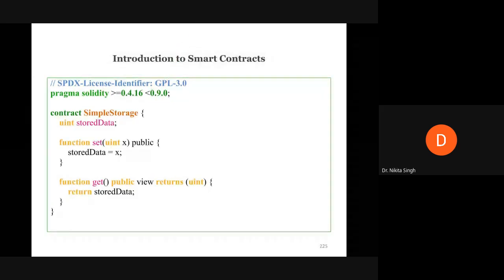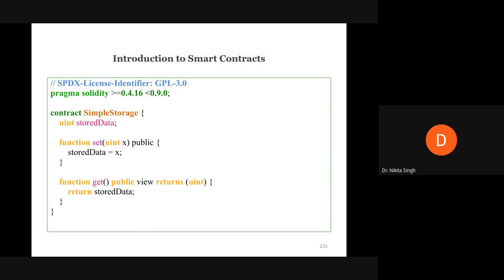Okay. So now first of all, what Pragma is. Pragma is generally the first line of code within any Solidity file. So Pragma is like a directive that specifies the compiler version which should be used for executing the Solidity file.